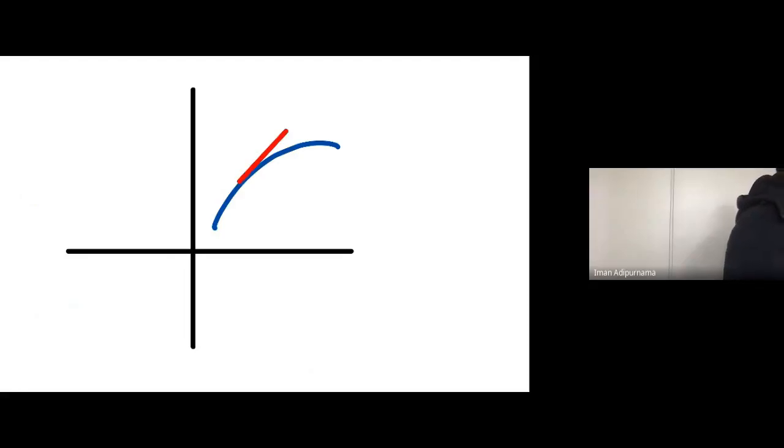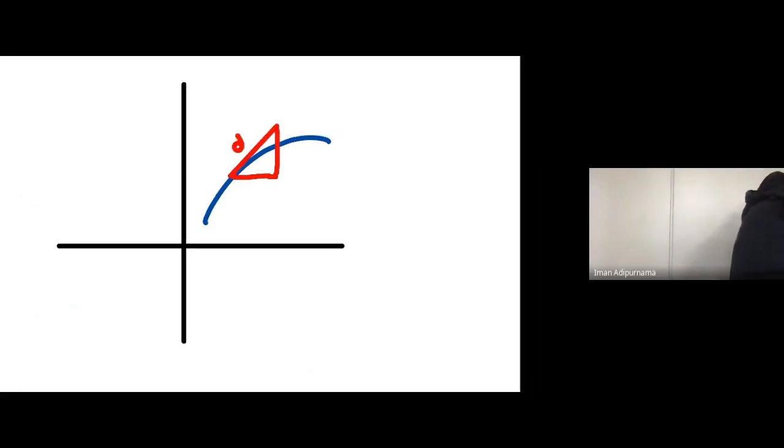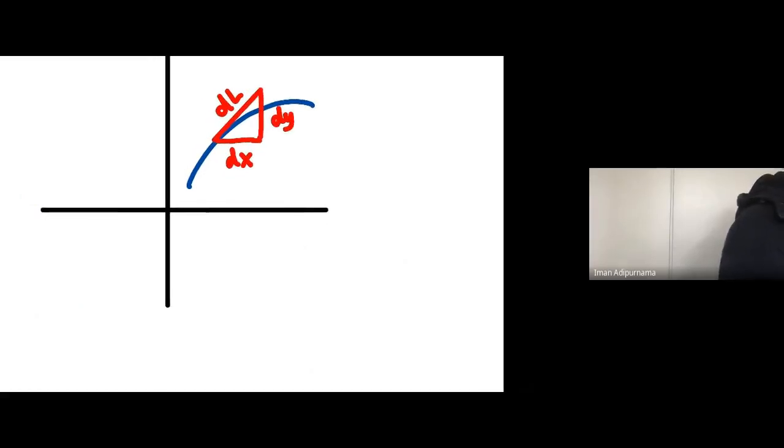You can prove it by yourself, and you need to try by yourself. If you are just writing down my notes and you don't try by yourself, you won't remember the formula. And then draw the triangle, and let this side be dl, this be dy, and this be dx. Remember, the tangent is dy over dx, right?